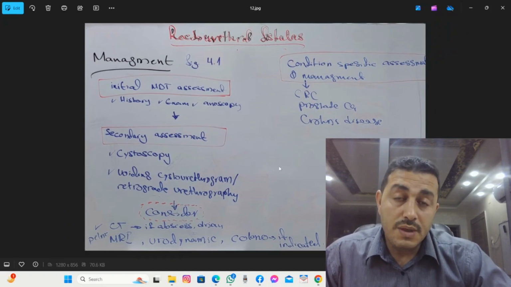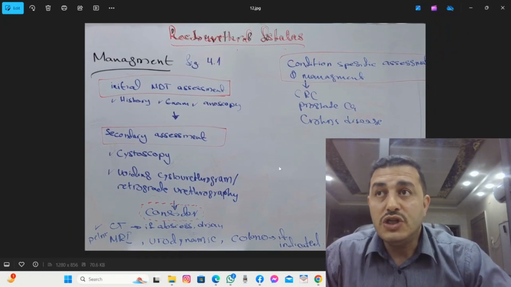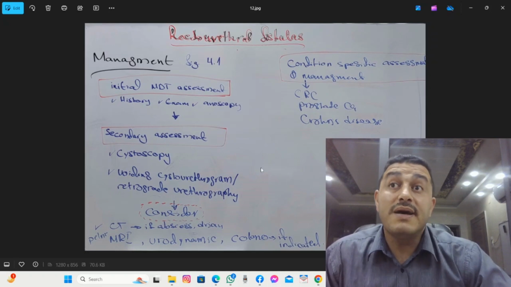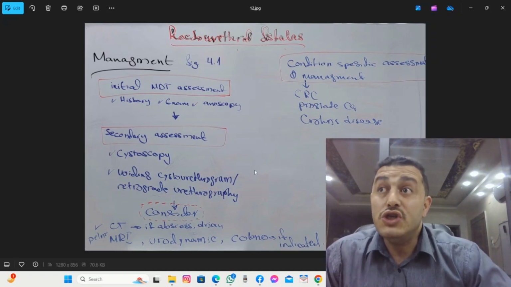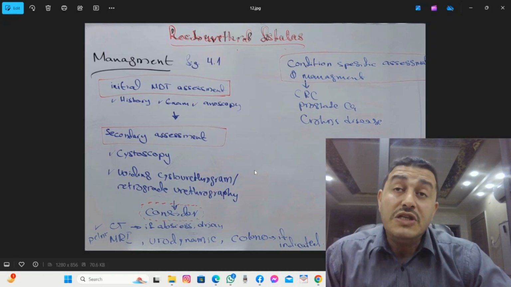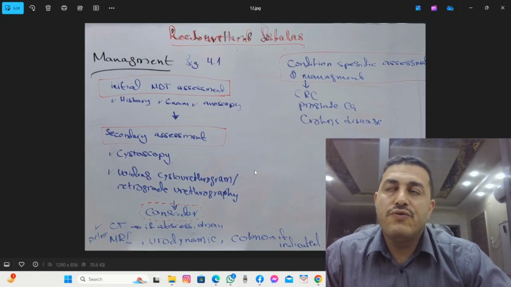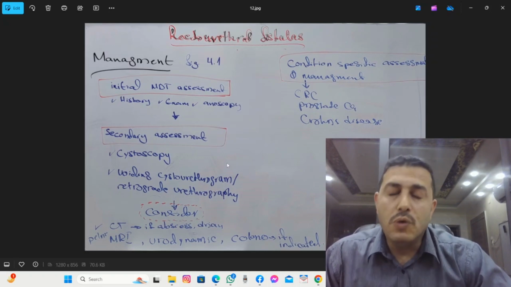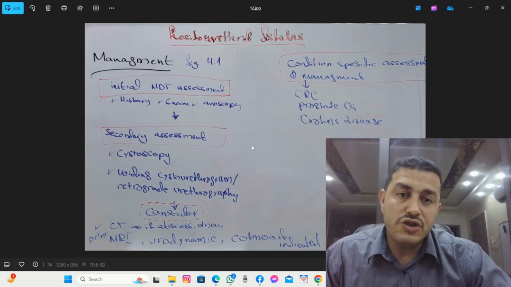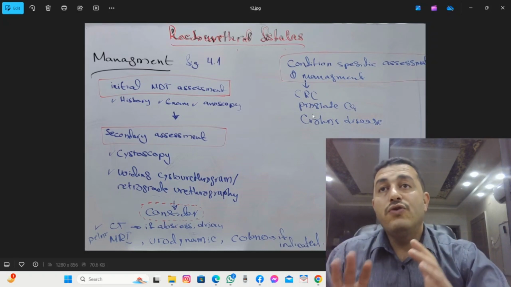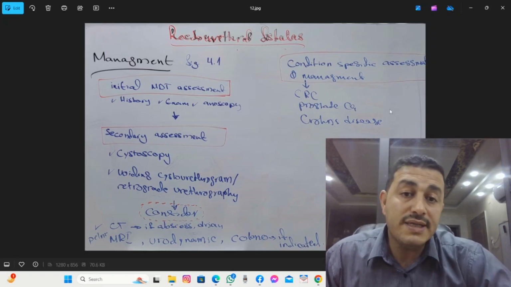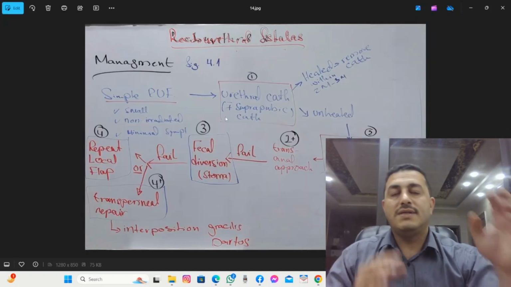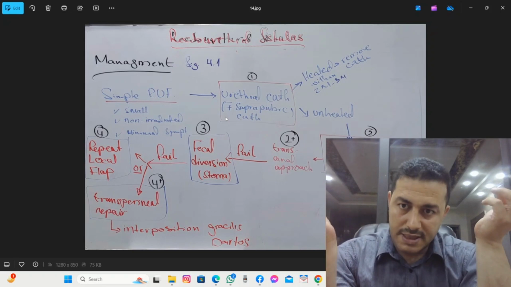The functional assessment is mandatory, because patients with functional disorder in the form of urinary incontinence will mostly require permanent urinary diversion, unfortunately. And we said we have specific conditions that follow the disease itself, such as colorectal cancer, prostate cancer, and Crohn's disease. We have simple and complex fistula.